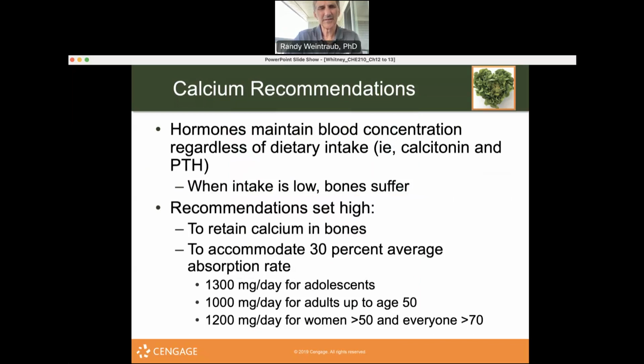Often calcium is a nutrient that is deficient in many diets for a number of reasons. Absorption rate is not great, about 30%. That depends on nutritional status, health status.